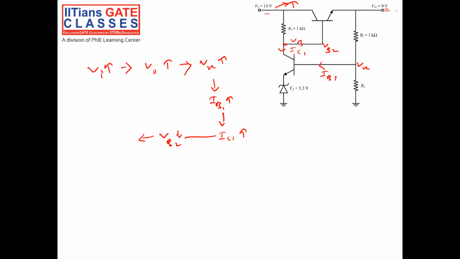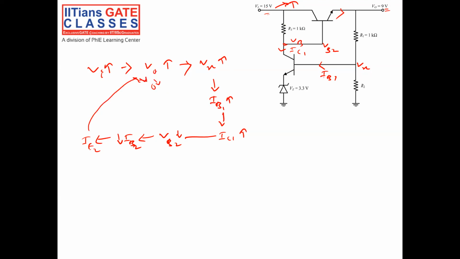Then it will decrease my IB2. It will decrease my current IE2. When the current decreases, it will decrease my output voltage V0.